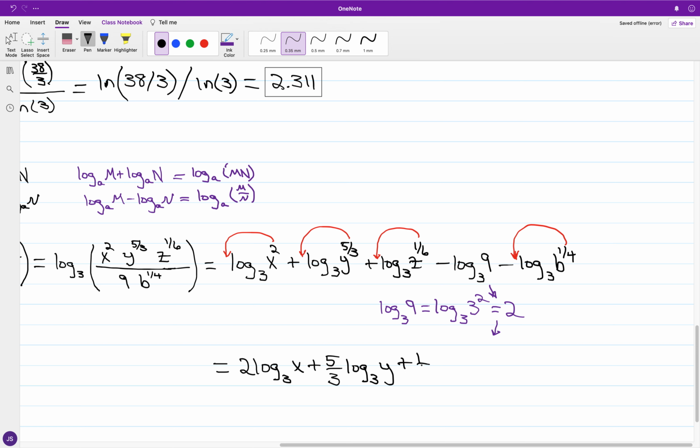And we have plus 1/6 the base 3 logarithm of z. Okay, and then we have minus 2. And then we have minus 1/4 the base 3 logarithm of b.